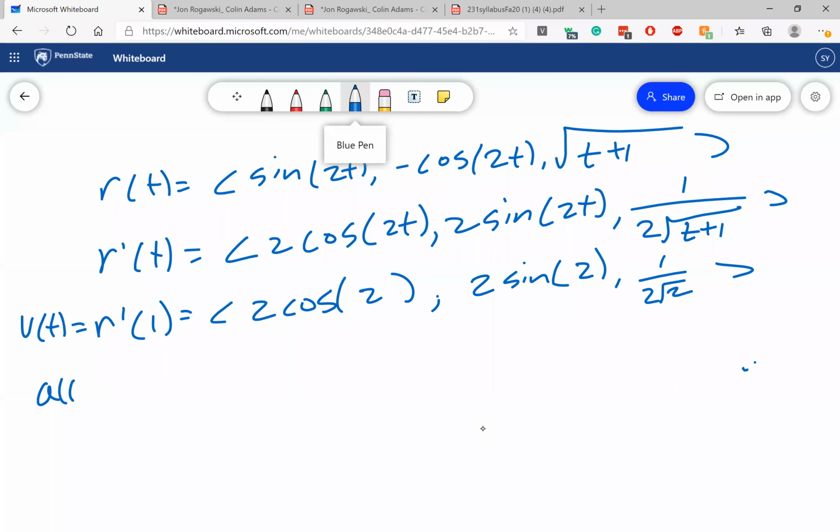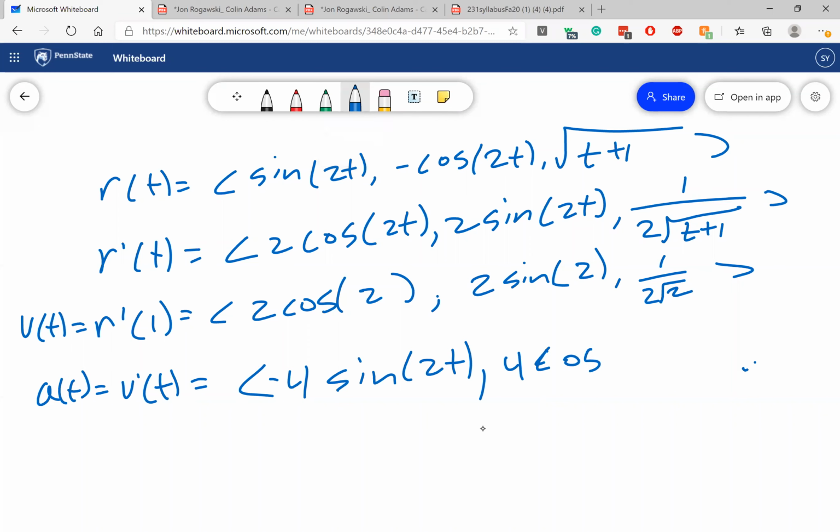And then our acceleration would be the derivative of the velocity. So that would be negative 4 sine of 2t, 4 cosine of 2t.